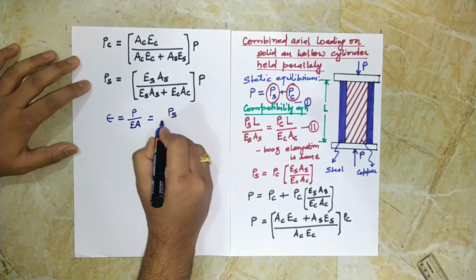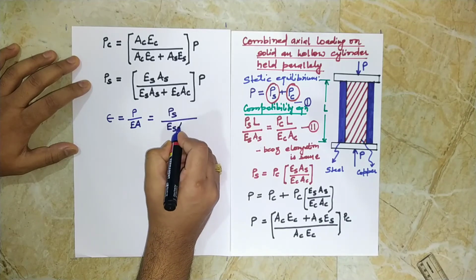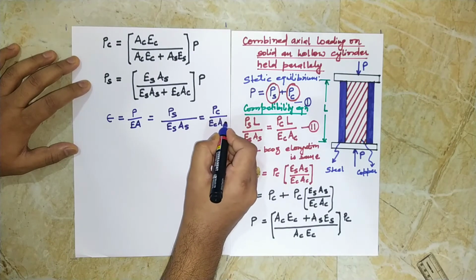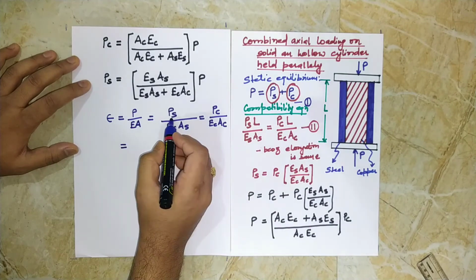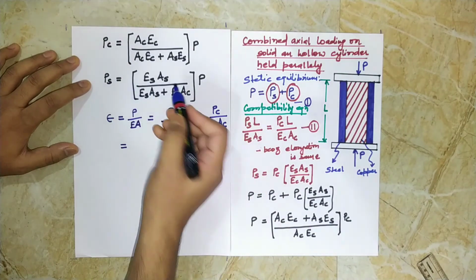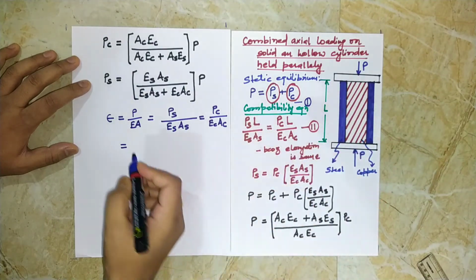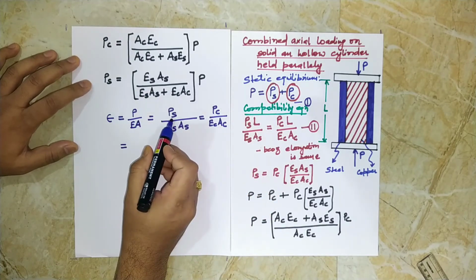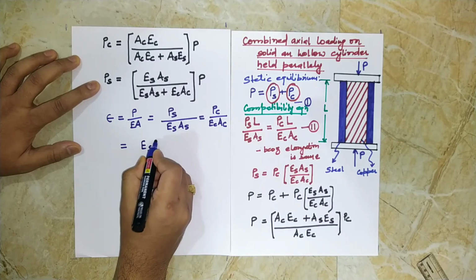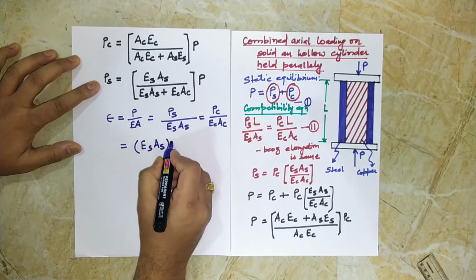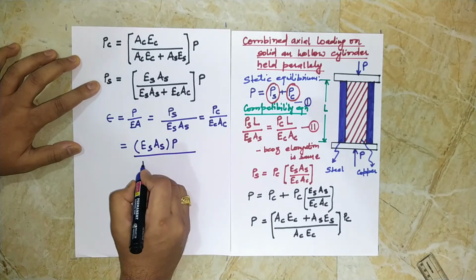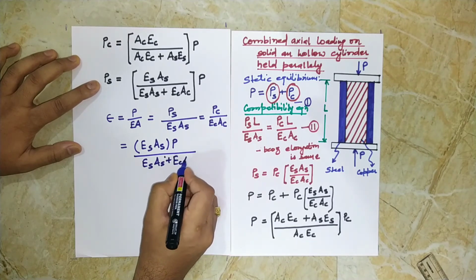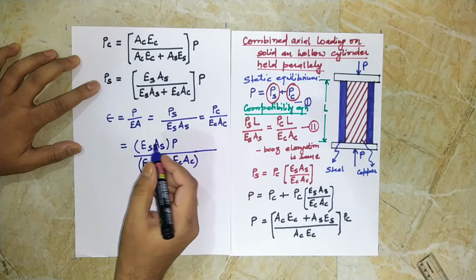It will be PS upon ES AS, or else PC upon EC AC. Here we'll write the equation for PS, because we know the load applied: PS is ES AS into P by ES AS plus EC AC.